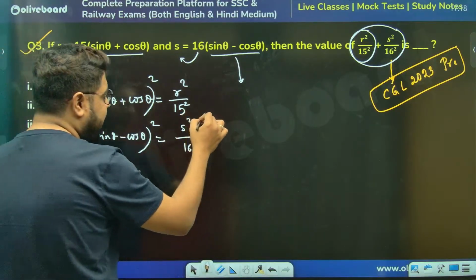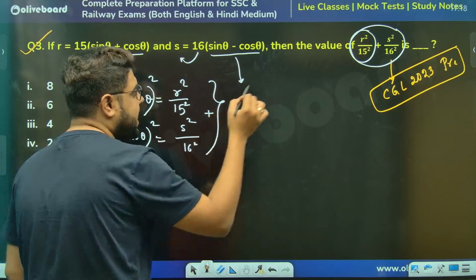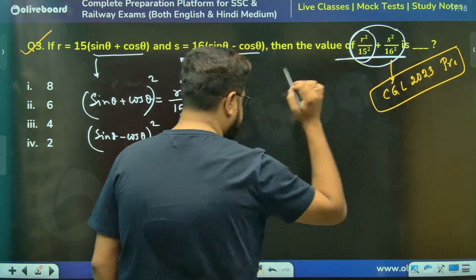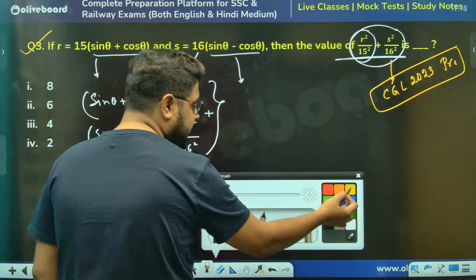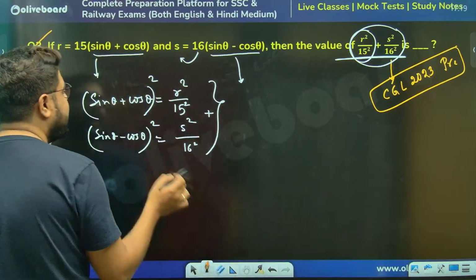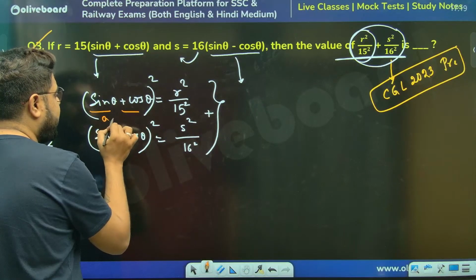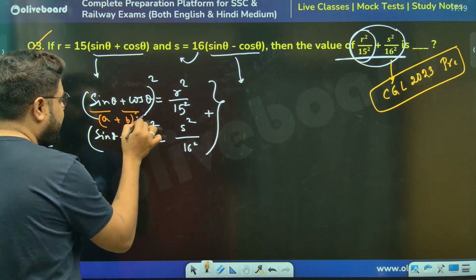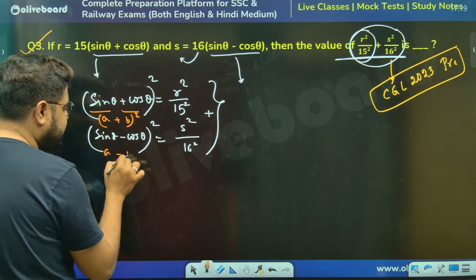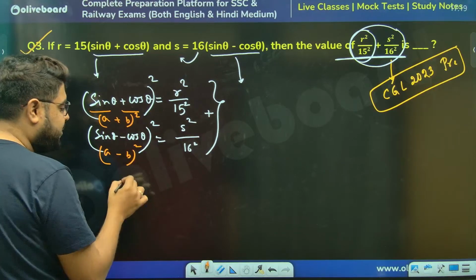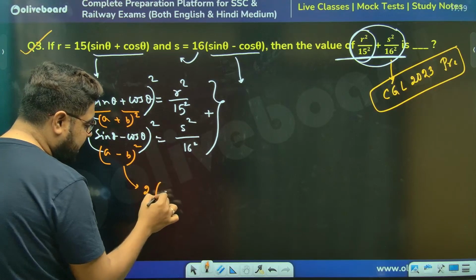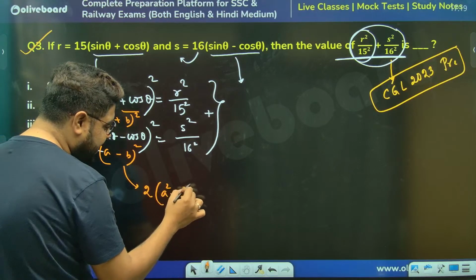So now if I add these 2 equations as they have asked us to do, you see there is a very simple thing going on. A plus b whole square plus a minus b whole square. The formula for this was 2 times a square plus b square.